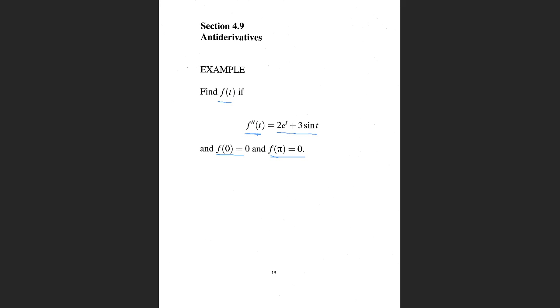So let me ask you, can we go directly from the second derivative in one step and figure out what the function f is? I mean, the last problem, we were able to determine the function in one step by doing one antiderivative.